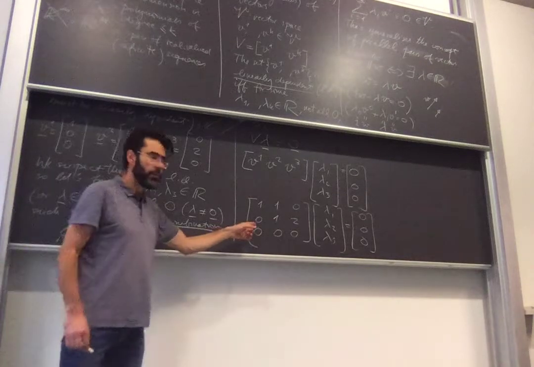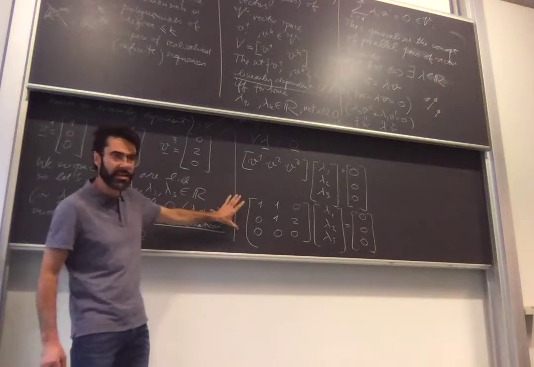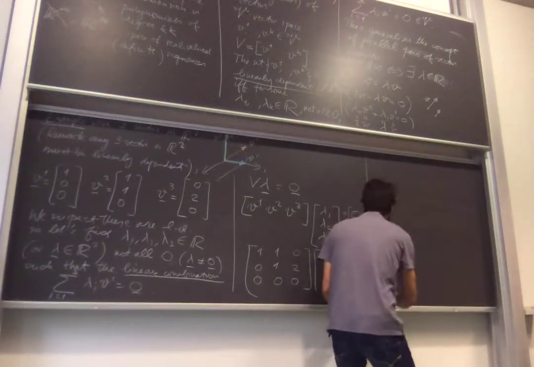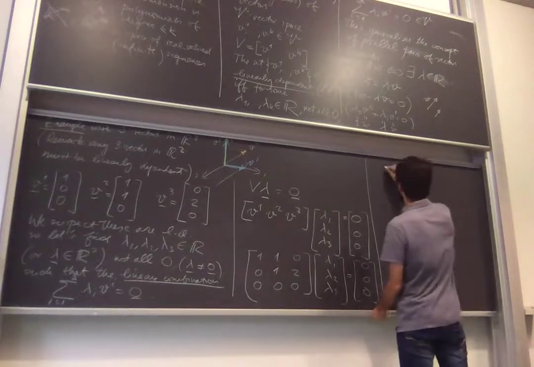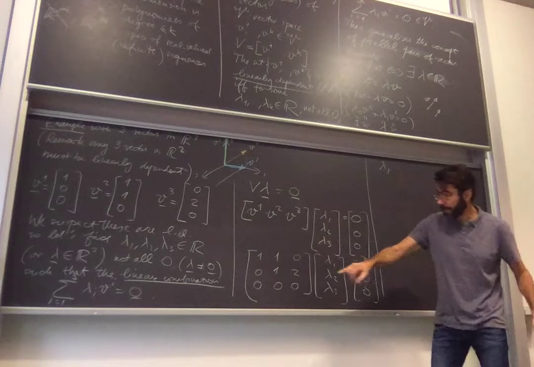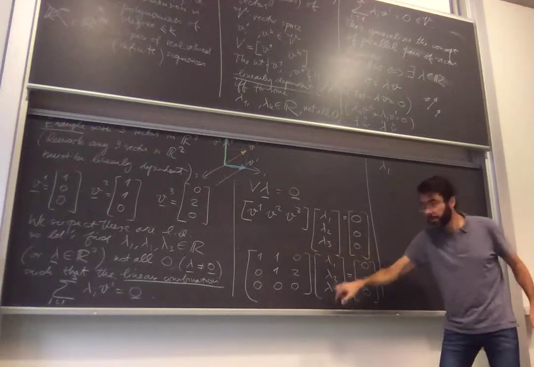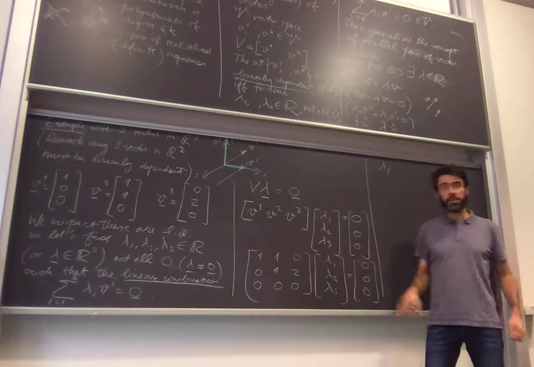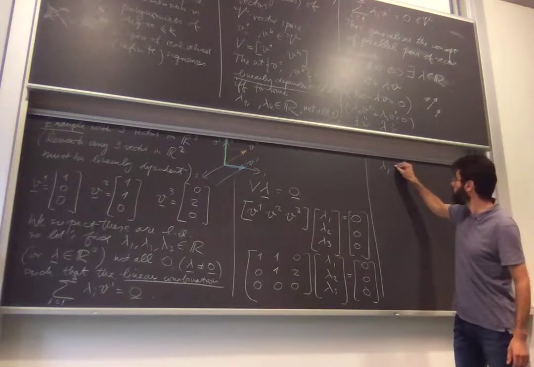So, remind me, what does it mean when I say this system? Just in case you've missed the classes, this is a linear system. So let's do this together. Let's multiply this row with this column. What do we get? You multiply 1 with lambda 1, so you get lambda 1.